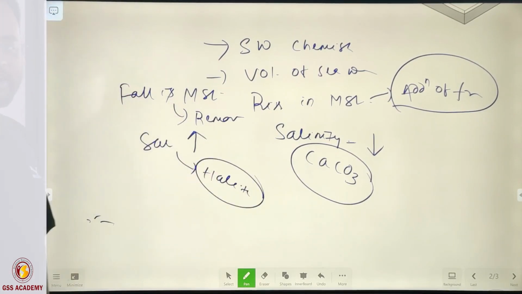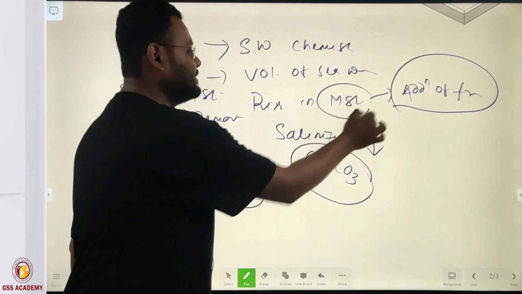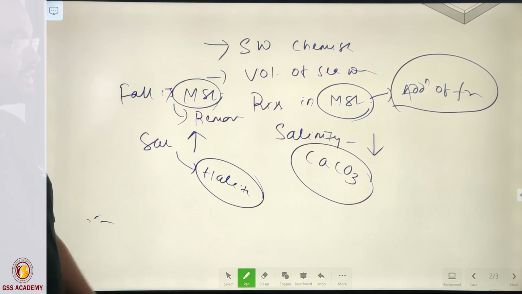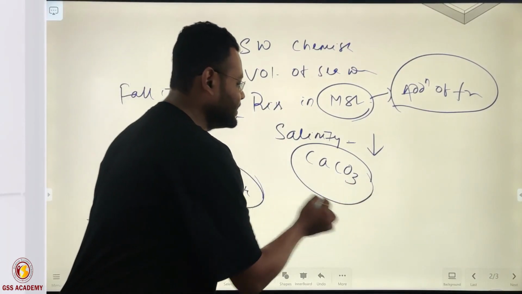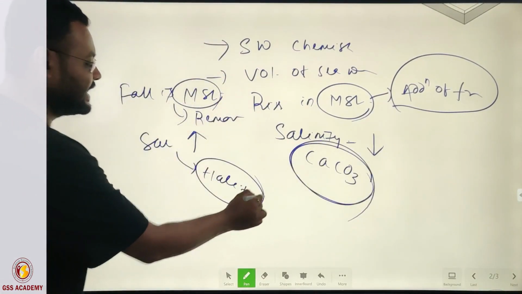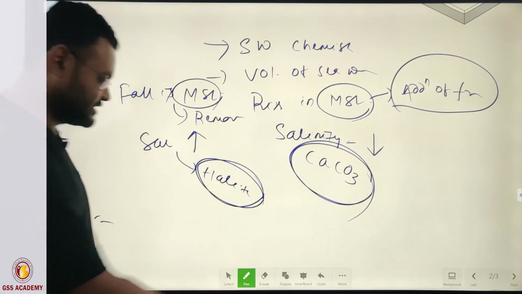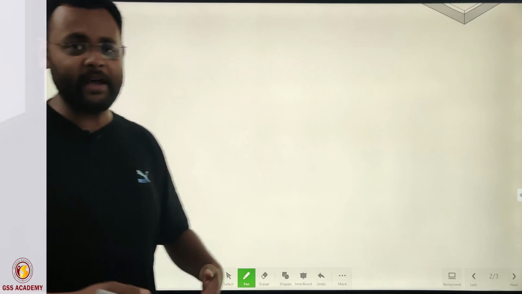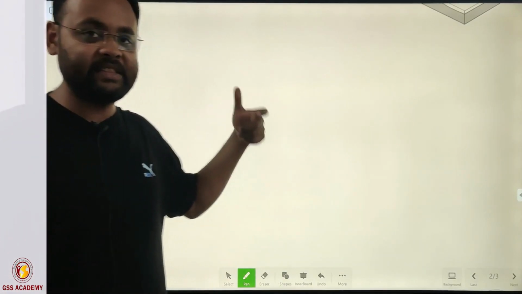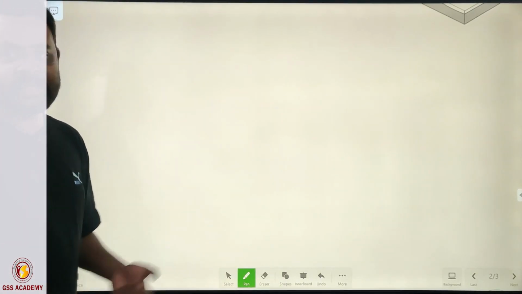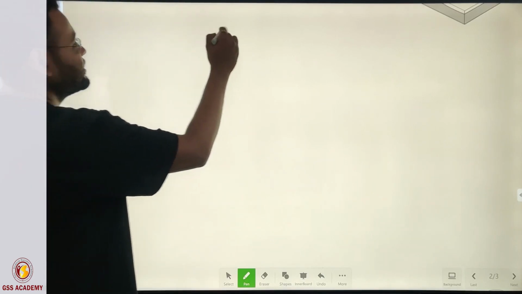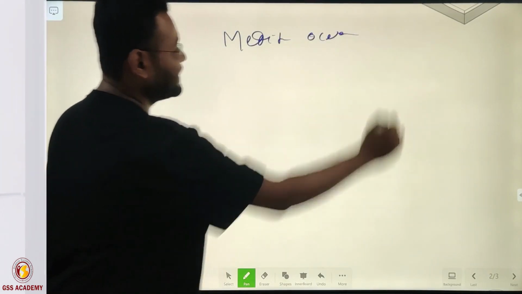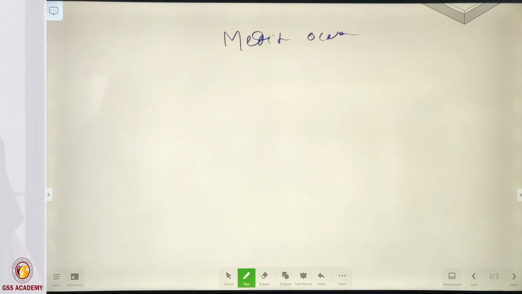That means an alternation between rise in mean sea level and fall in mean sea level is also reflected in an alternation between calcium carbonate deposits and halite deposits. One of the most famous locations where we can find a very thick layer of evaporites is the bottom of the Mediterranean Ocean.